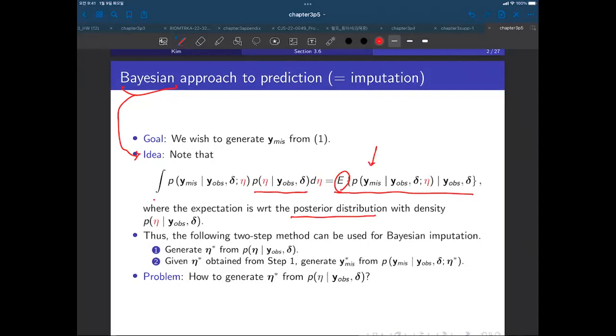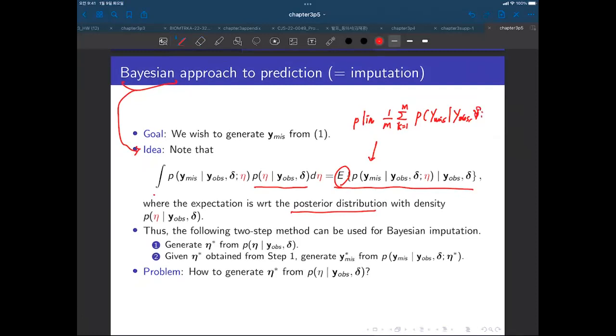So then this is a probability limit of the average over k equal to 1 to m of p(y_miss | y_obs, delta, eta*_k), where eta*_k is a sample from the posterior distribution.